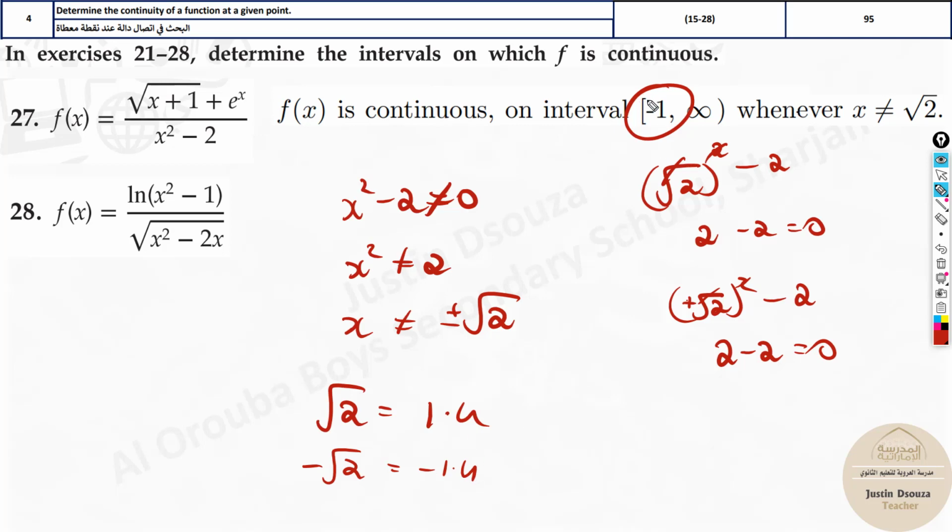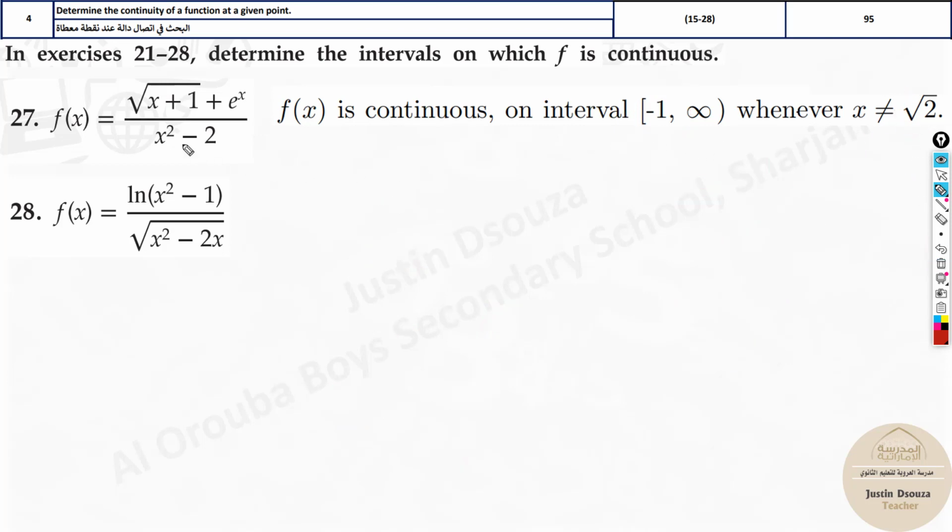Negative 1.4 is not there in this interval in the first place itself. So that's why we have only positive root 2. That's the reason, okay? So don't consider it to be plus or minus. It'll just be positive root 2. Why? Because we already found the continuity over here. Whenever this should not be equal to root 2, okay? That's the thing. Just for understanding.